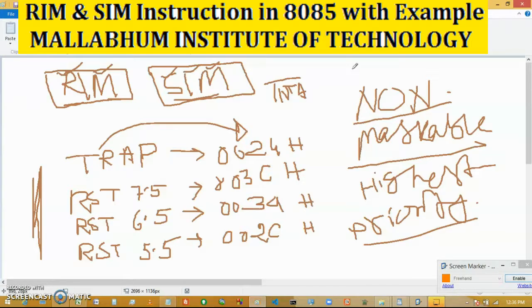And of the rest of the three interrupts, the priority of RST 7.5 is higher than 6.5, which is higher than 5.5.